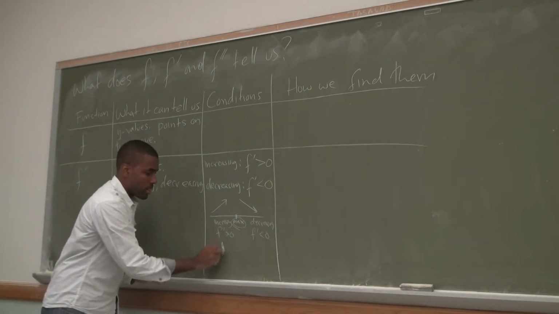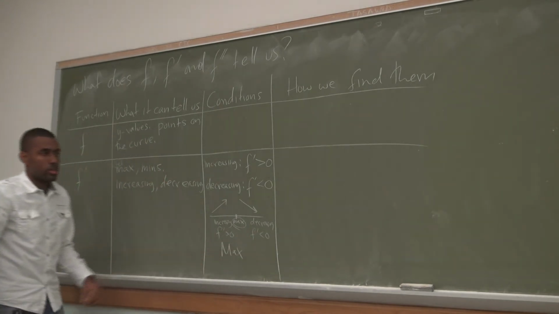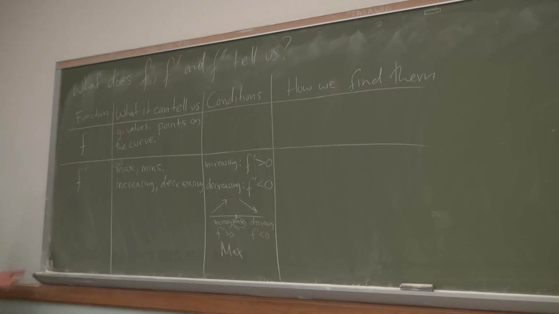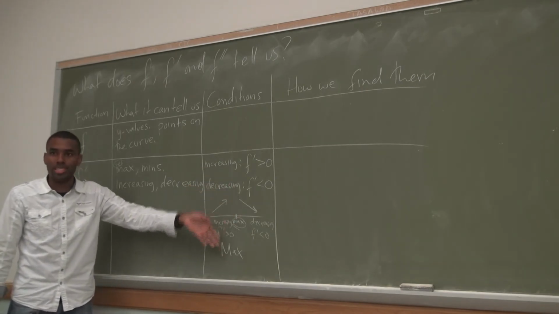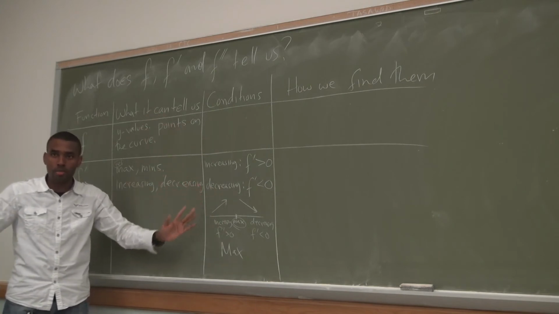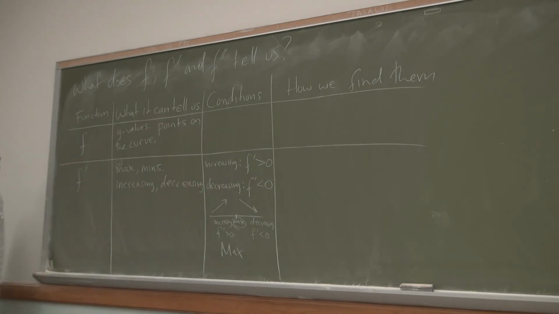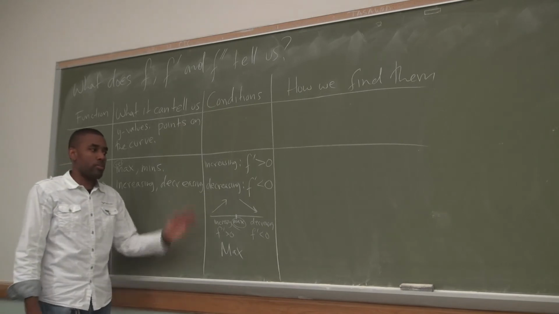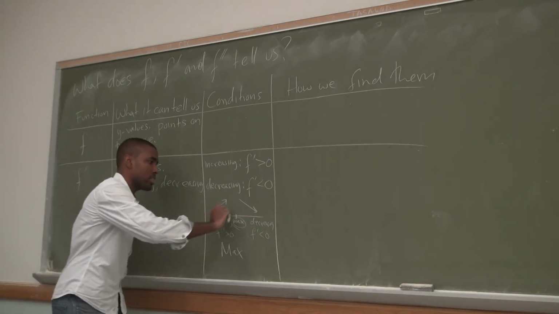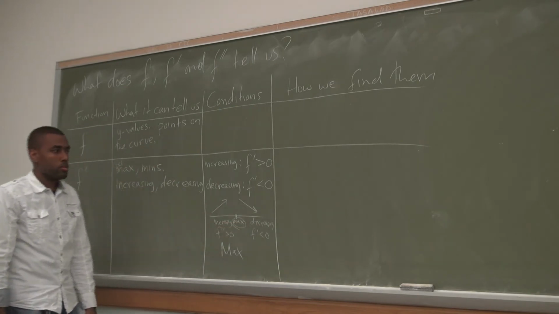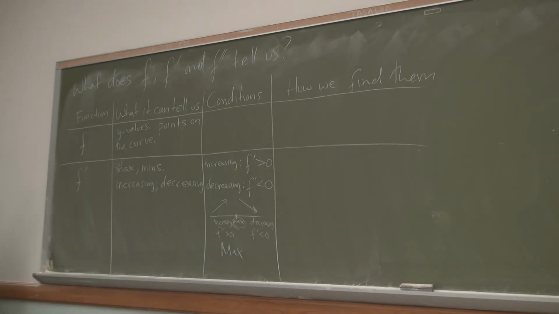In that case, you end up with a maximum. Of course, the opposite would be a minimum. And of course, I'm assuming that the function is actually defined at this point. If there's an asymptote or something, of course, all bets are off. But assuming the point is defined, I know it's a maximum if the derivative changes sign from positive to negative. That means it actually went like that. That will tell me max or min.